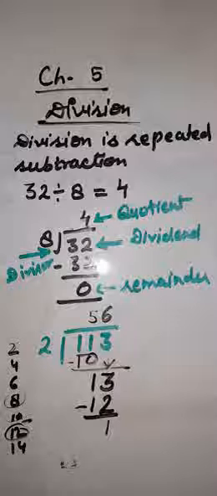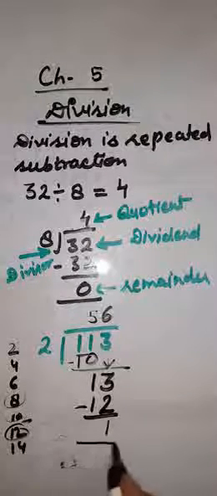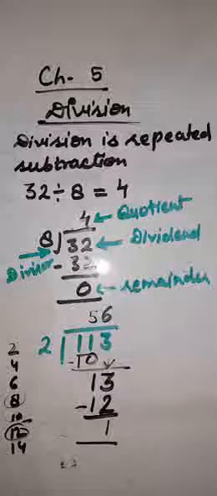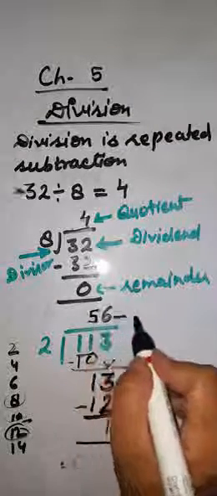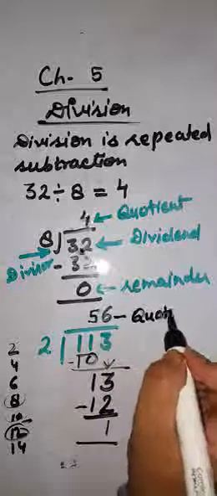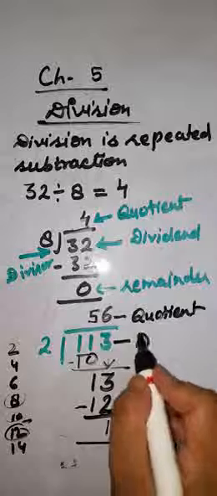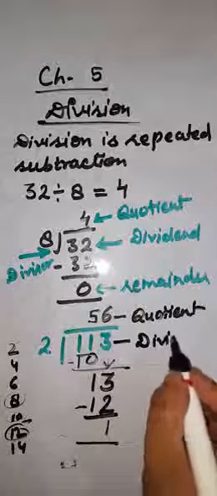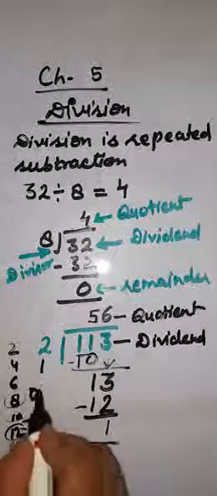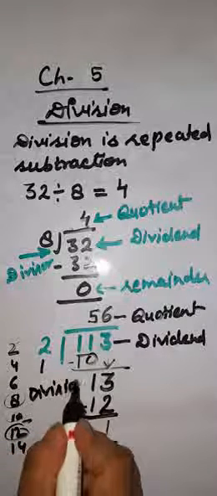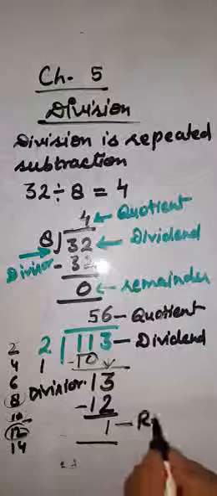It will remain here, which means it is the remainder. So this is the quotient, this is the dividend, the number being divided, this is the divisor, and the number which is left over is the remainder.